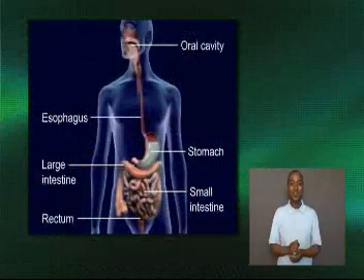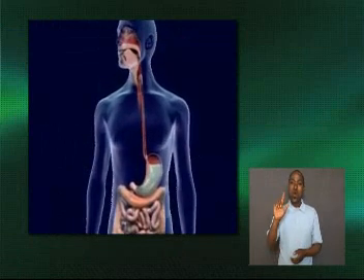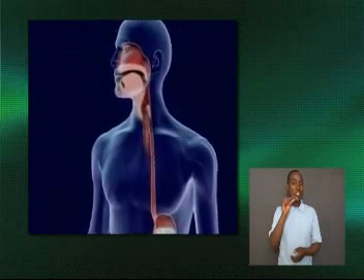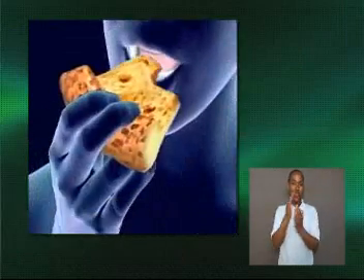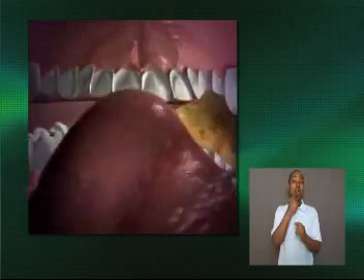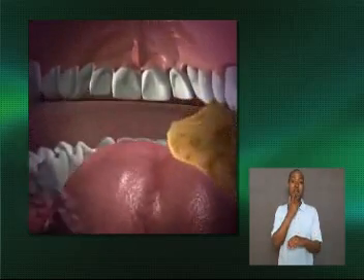The tongue guides the food in the mouth and helps to mix the food with saliva. It rolls the food into a small sphere called a bolus. A bolus is a small saliva-coated chunk of chewed food. When the food is ready to leave the mouth, the tongue pushes the bolus towards the throat.